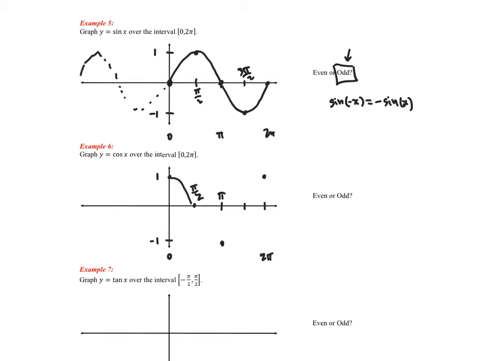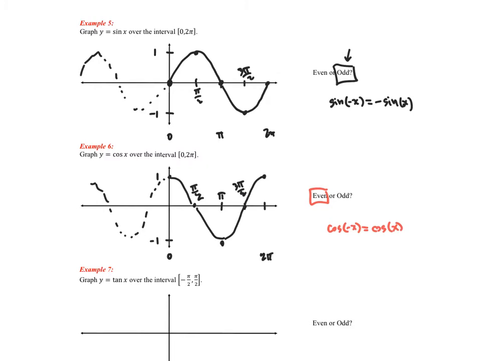At 3 pi over 2, cosine is also 0. Not my best function after drawing a really good one on the sine function previously. So you can tell, based on the symmetry of the graph, that cosine is even. Therefore, cosine of negative x is equal to cosine of x.